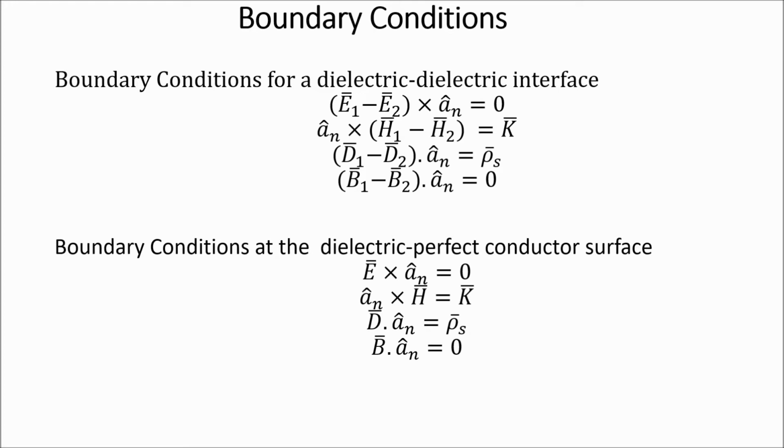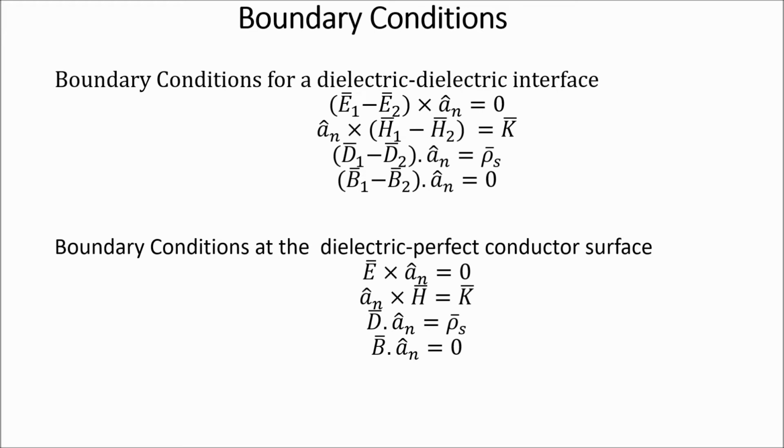So the magnetic field can produce a current on the surface of the conductor, and D dot a_n, the normal component of electric flux, also produces a surface charge. So an electromagnetic wave traveling from the dielectric could induce a surface charge on the conductor surface, at the conductor-dielectric interface, and B dot a_n, the normal magnetic flux density, will be 0.